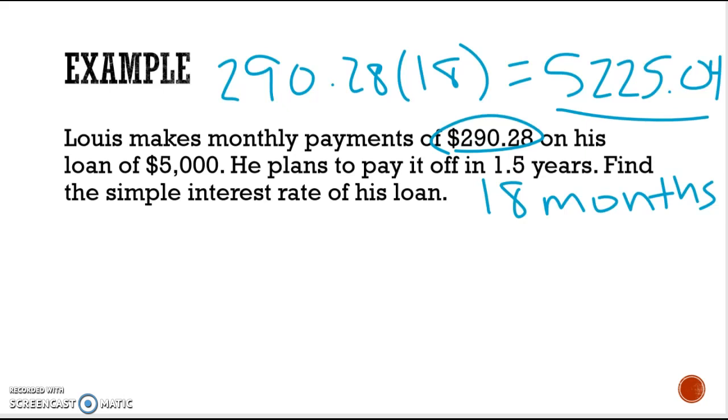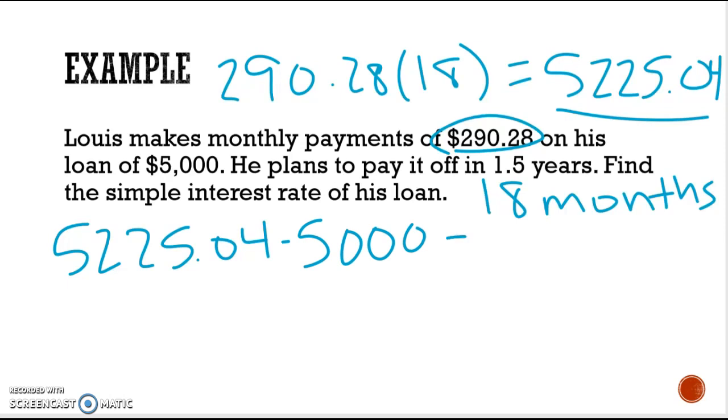He is going to pay $5,225.04. That means he is paying an extra $225.04. I know that because when you subtract how much he is getting in his loan from how much he has to pay, that gives us 225.04. So this is our I.